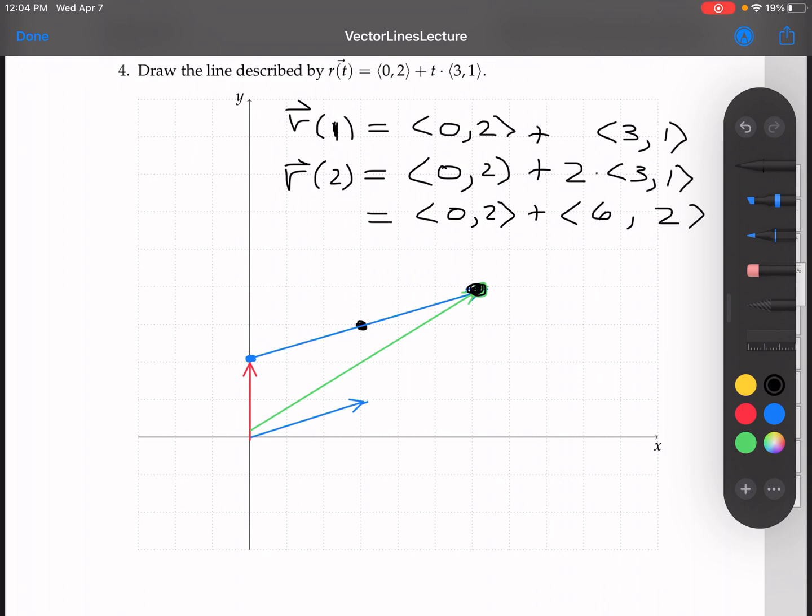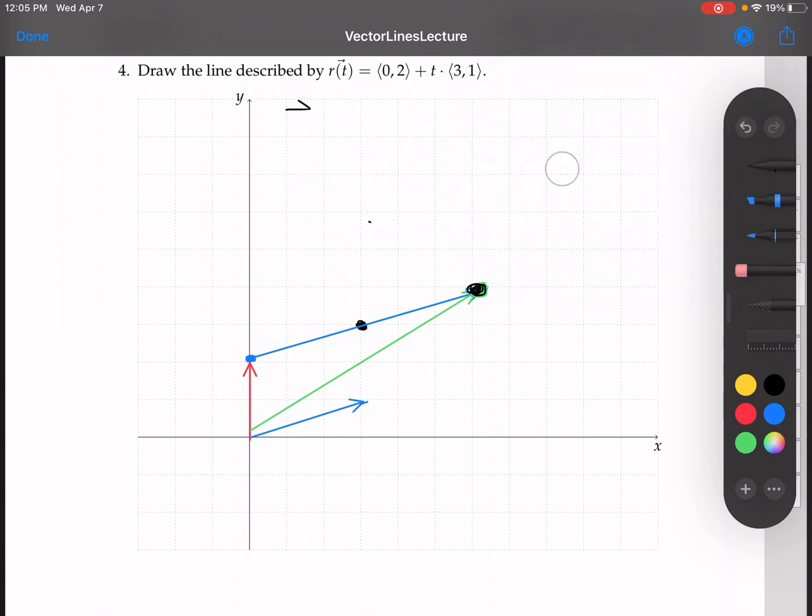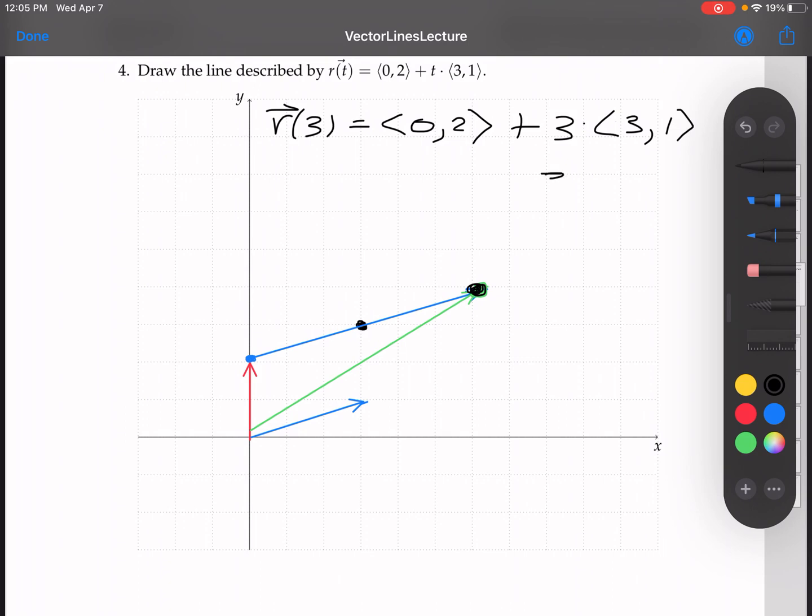Let's do one more. Let's look at r of 3. And we're going to have 3 times 3, 1. Remember that that's just 3 times 3, 3 times 1, like so.